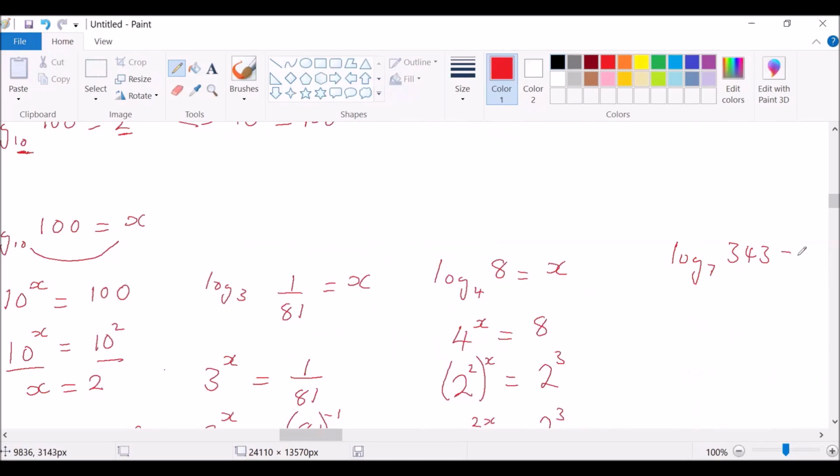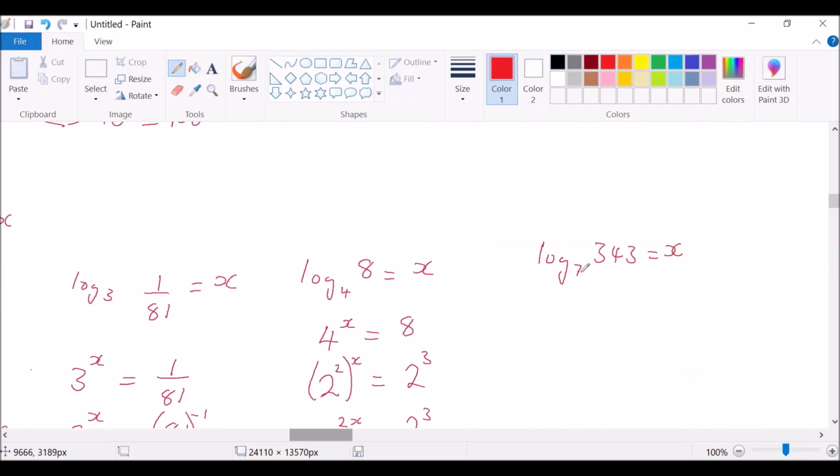343 is equal to x. So base 7 to the power x should give us 343. 343 as a power of 7 is 7 cubed. So 7 to the x is equal to 7 cubed.